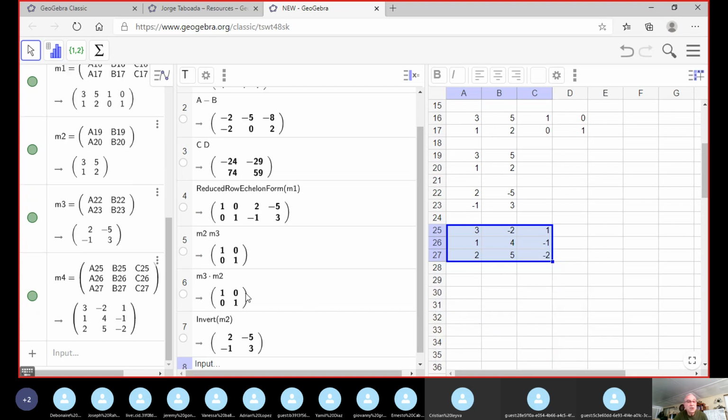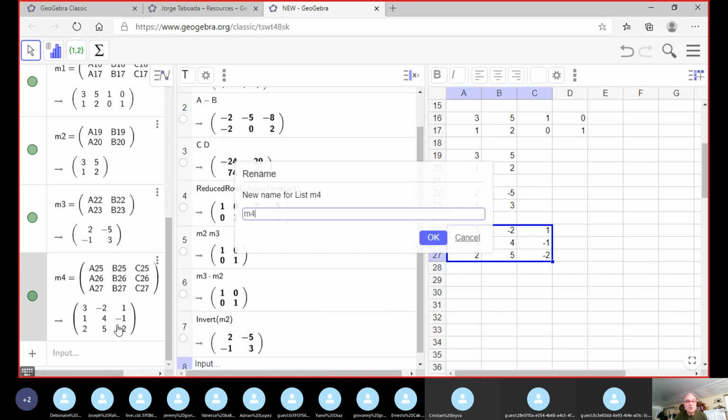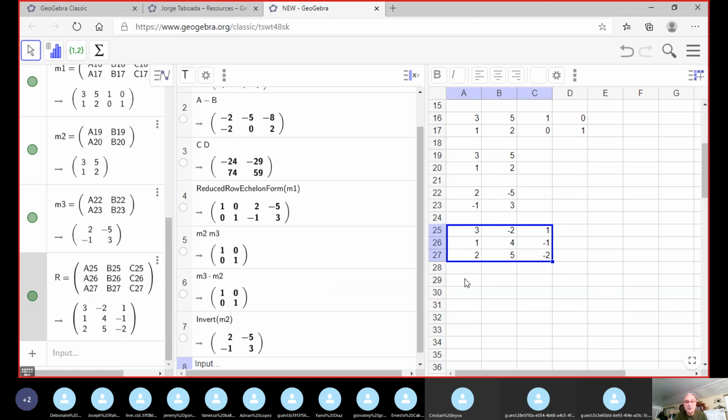I want to change the name. Rename. I want to call it capital R. Okay. And the second matrix involved in the problem is the column vector 2, 6, 6.